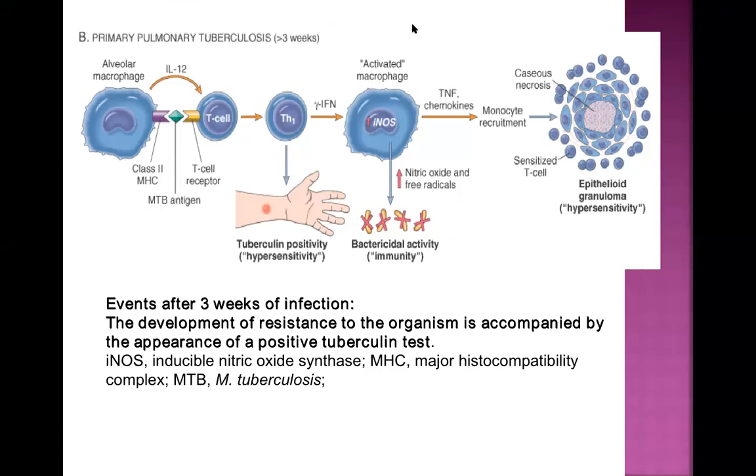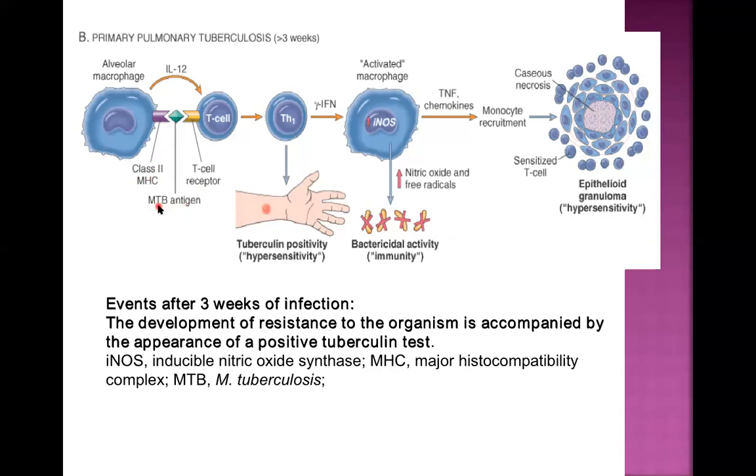Now see here, let me highlight and talk about this. The alveolar macrophage has two important functions, we all know that. One, it acts like an antigen presenting cell, and another, it can do phagocytosis. So first it will phagocytose that Mycobacterium tuberculosis, process it inside, and then present a small peptide with the help of MHC class 2 to the T cell.